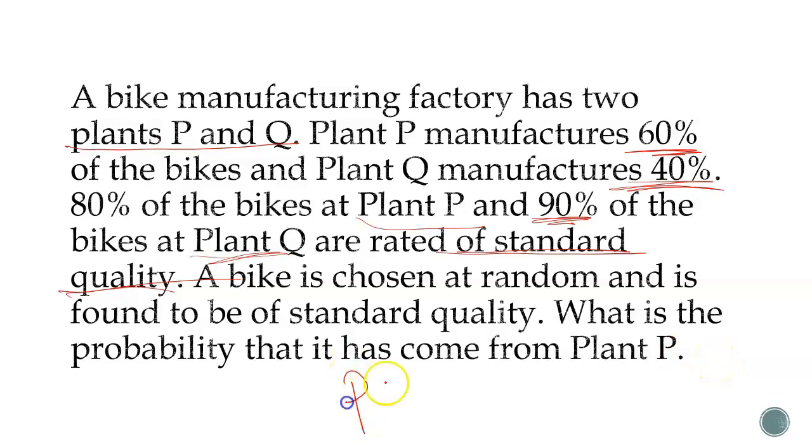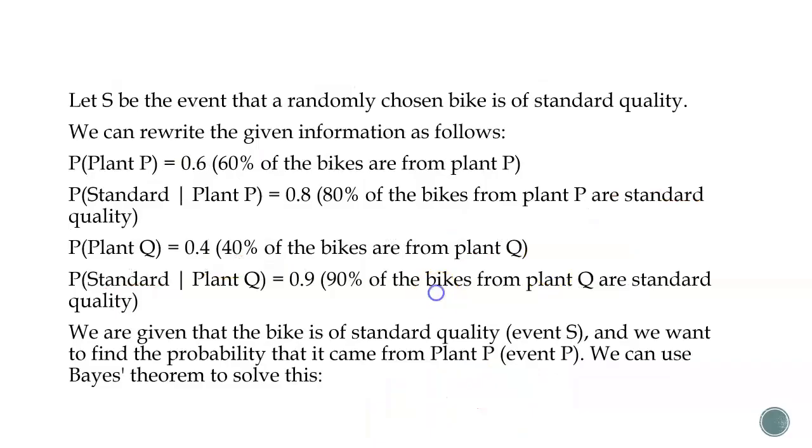So we are trying to find the probability that it is coming from plant P, given that it is of standard quality. As usual, we have to write out the information given to us. We have 60% of the bikes coming from plant P, and the probability that it is standard, given plant P, is 0.8.